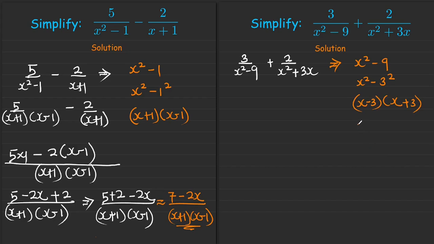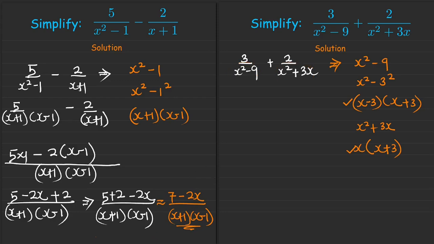Now for the next one, which is x squared plus 3x, they have x in common. So we have an x then into bracket x plus 3. That is, we are factorizing this.